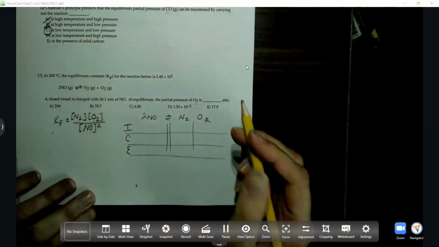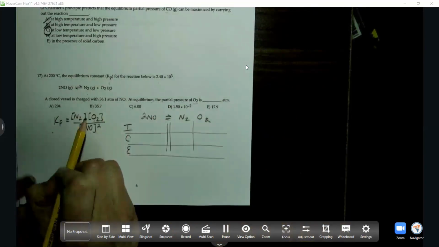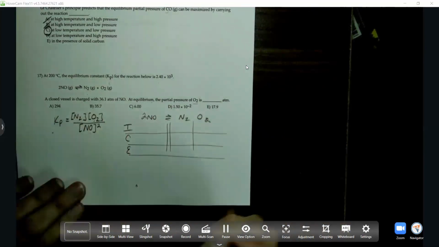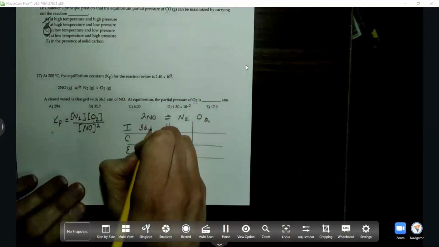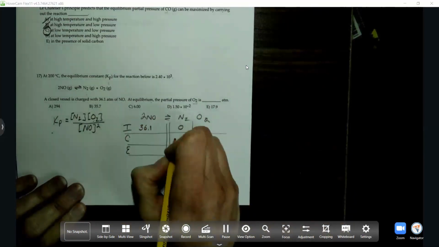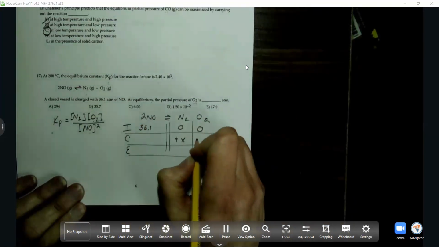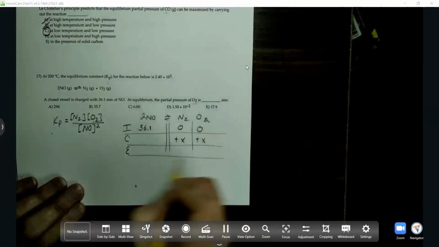So it tells us that the reaction is started with 36.1 atmospheres of NO, but it doesn't tell us anything about N2 or O2, so we're going to assume those are 0. It's going to form some amount of N2 and some amount of O2, which will be the same.